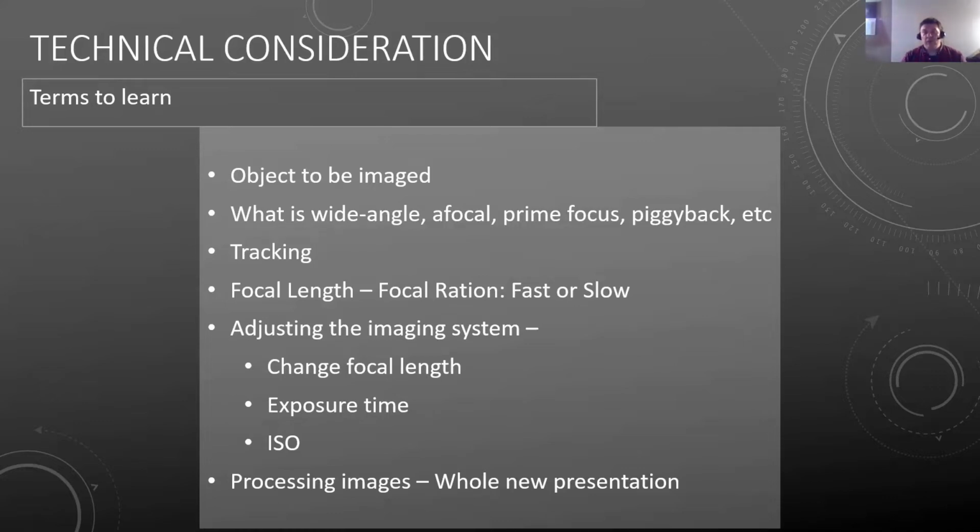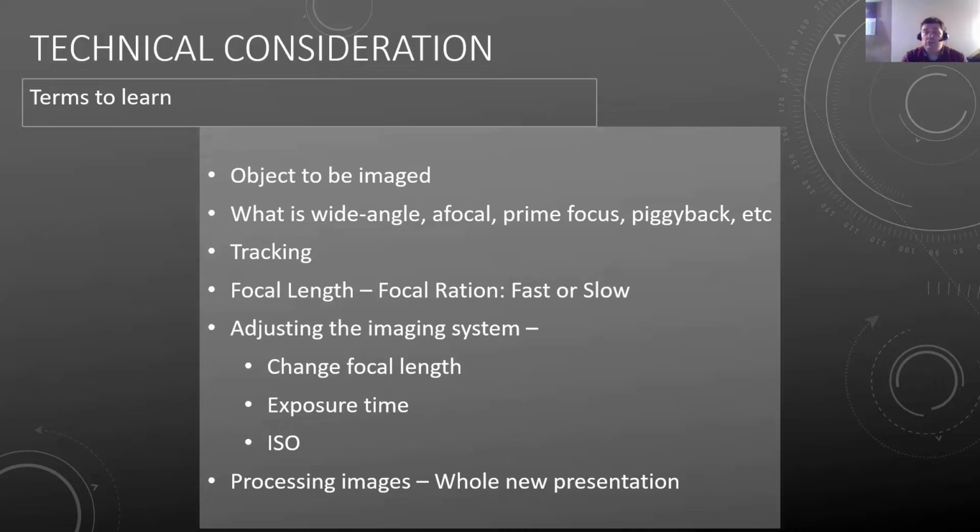Or I can be talking about a shorter focal length telescope that may have a ratio of about f6. And that means that the light can go through quicker. What that means is it may affect the time that you need to expose an object for imaging capture, as well as the gain or the ISO you may be using depending on the imager that you've chosen.